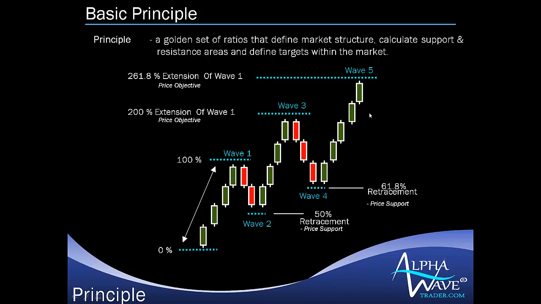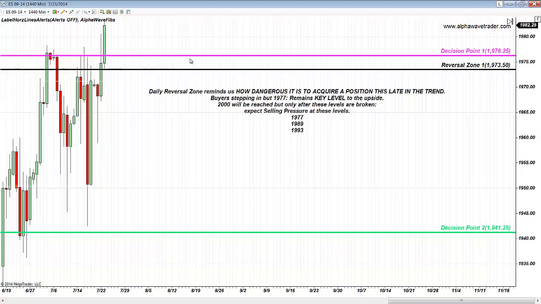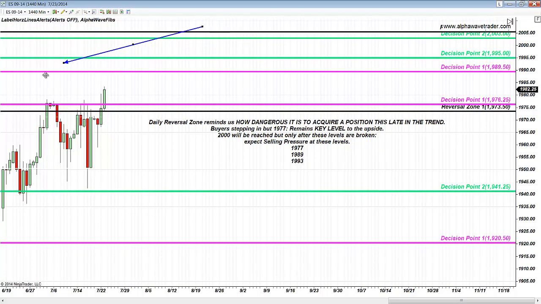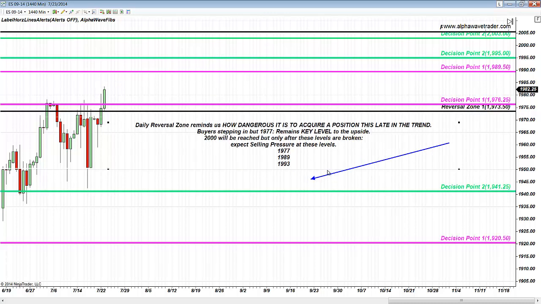If you're buying at the end of wave 3, you're buying way too late. You're buying potentially at reversal zone levels. And that's what happened on S&P. That's why it has been so dangerous on S&P the last 12 weeks. And eventually, when S&P finally blasted through this level, as spelled out for months now, S&P is heading to 1989 on daily.